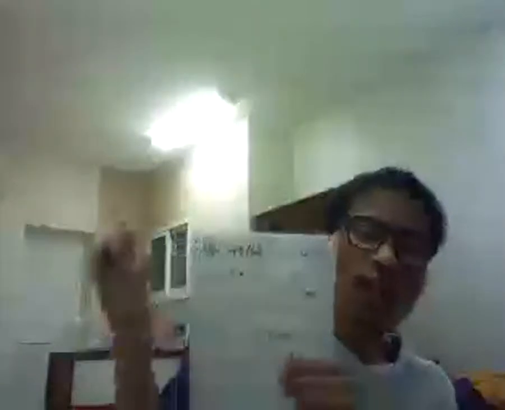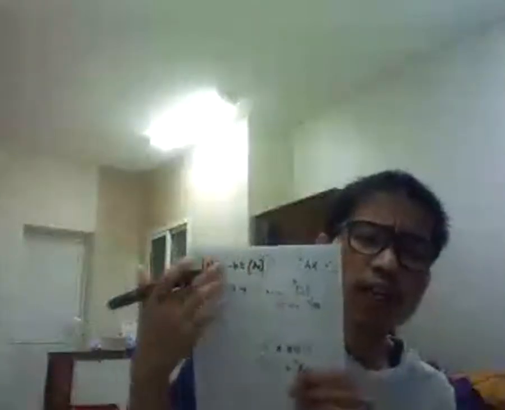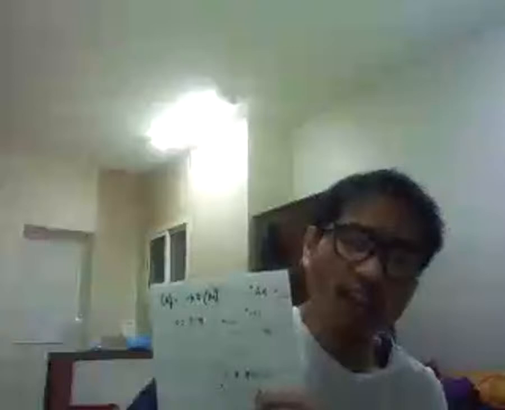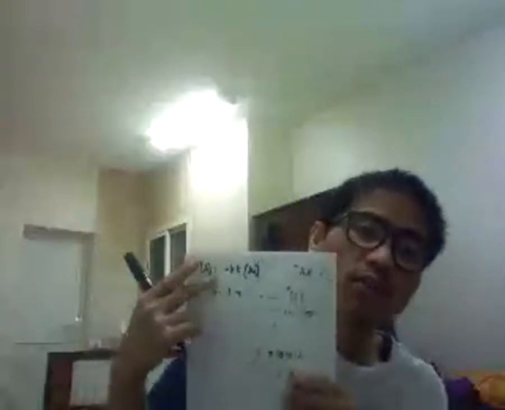We need another try to compute for K. So we're going to use the first order, A final equals K t plus A initial. This time, let's force it, because this is a zero order reaction, because the first and the second look wrong.